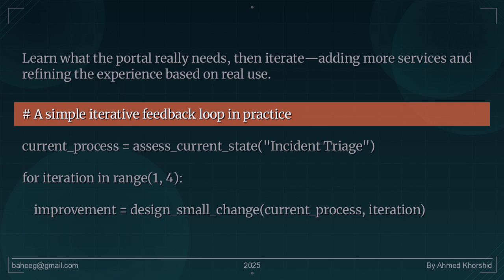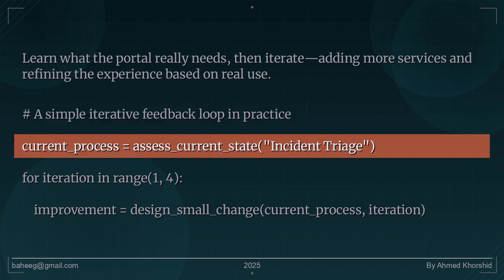A simple iterative feedback loop in practice. current_process = assess_current_state("incident triage").